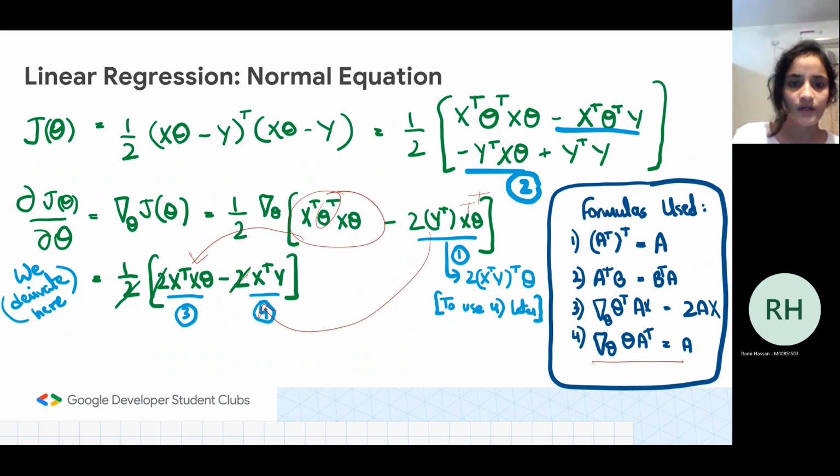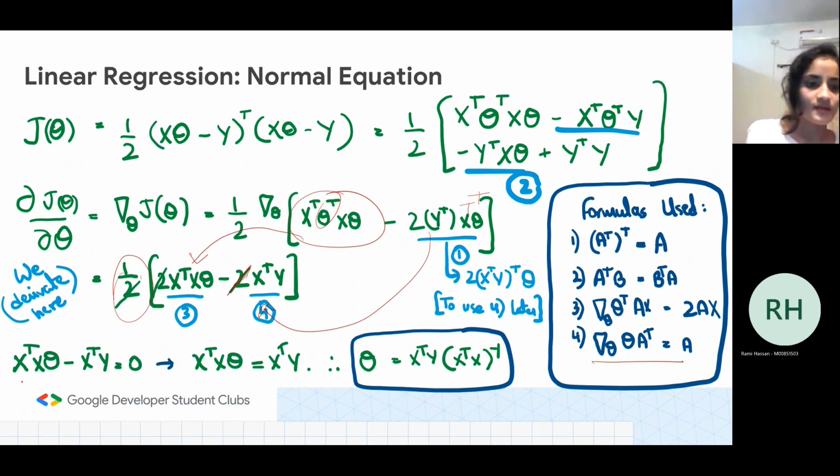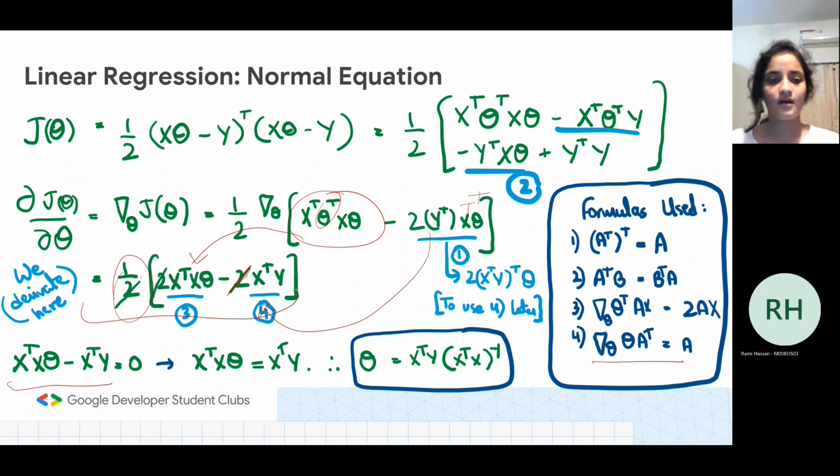So we have 2 everywhere, and we had a half outside, so we cut all the 2s, and we get the answer. Okay, so we get this answer from this line. And previously we saw that after the derivation, you equate it to 0 and you get a value for theta over here, right?